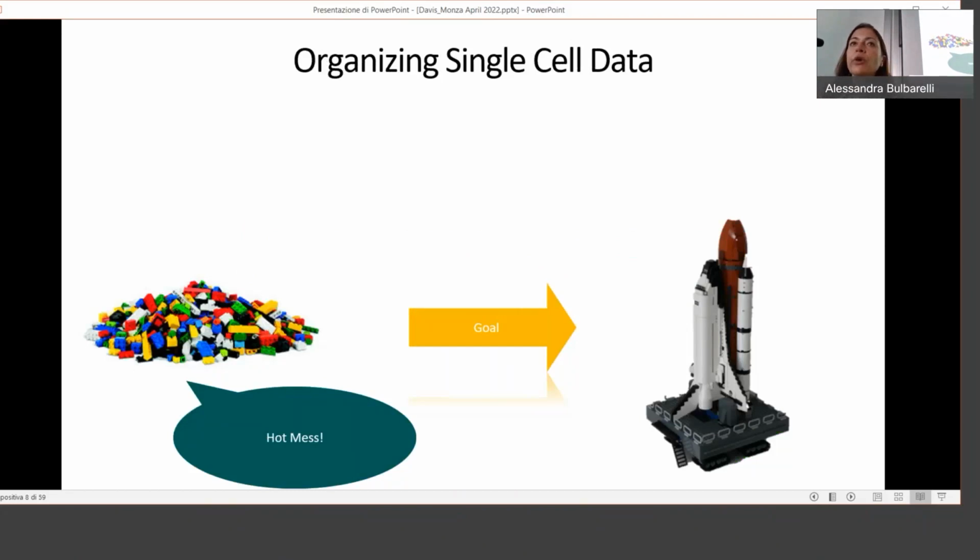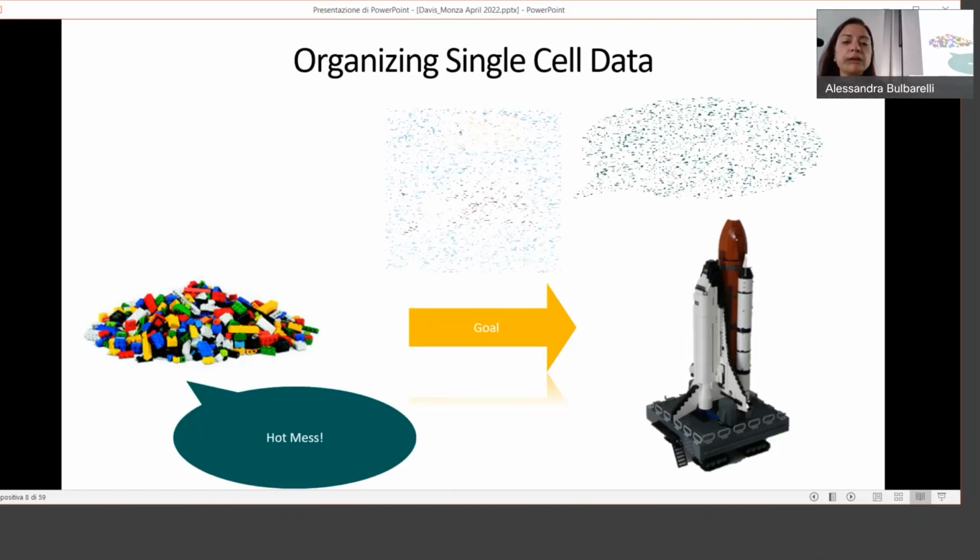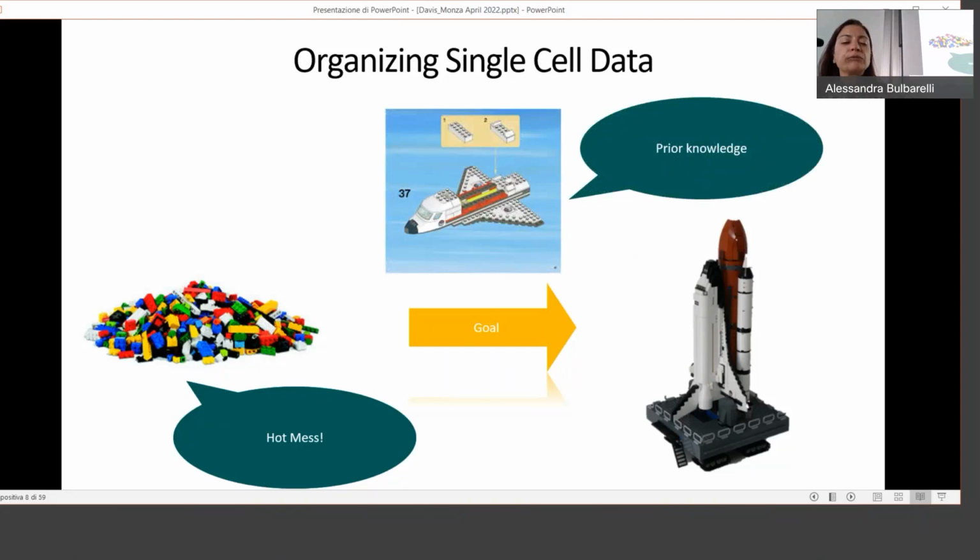And the goal of taking those blocks is to build them into an interpretable model that you can actually understand and ask questions about. And so the thing that we rely on in building Legos, or also in analysis with these single cell technologies, oftentimes is prior knowledge. So what has been published in your system? What do we know about these blocks, for instance, and how should we be able to put them together?